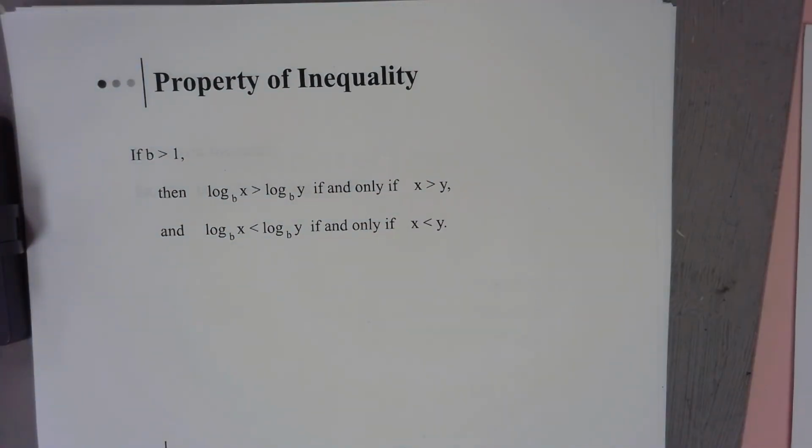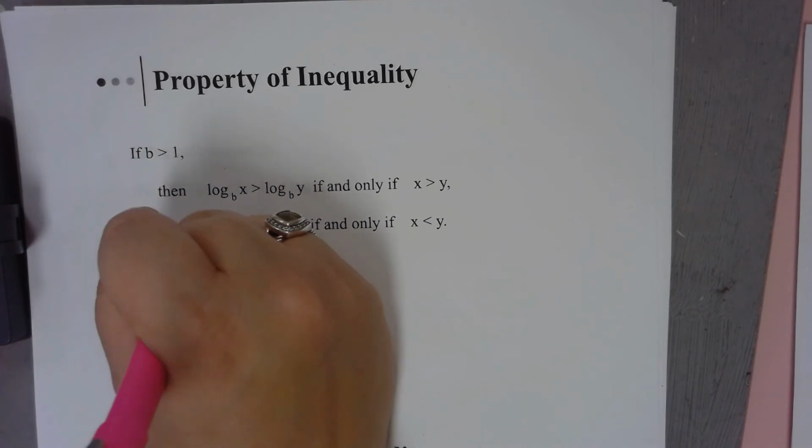Okay, if b is greater than 1, then log base b of x is greater than log base b of y if and only if x is greater than y, and log base b of x is less than log base b of y if and only if x is less than y. Alright, and then I'm going to give you a note here.